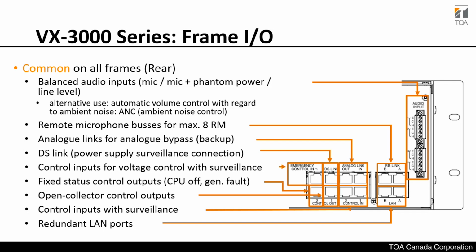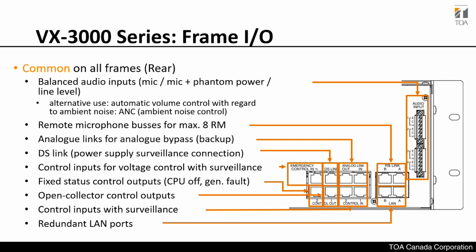In case your network fails, there's still connectivity on the analog side for your system. DS Link is the power supply monitoring. You connect that port to your VX2000 DS that monitors your power status, the voltage of your system. You can set up flags, and that is used to detect any power failures on the system.